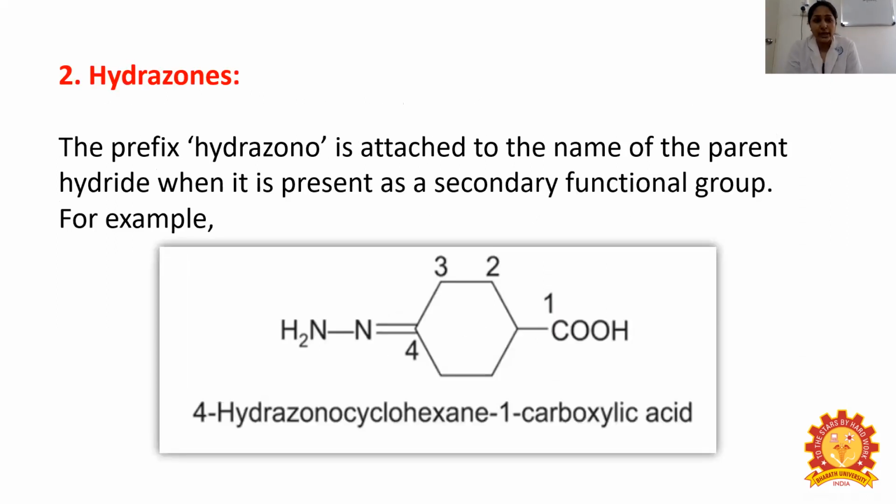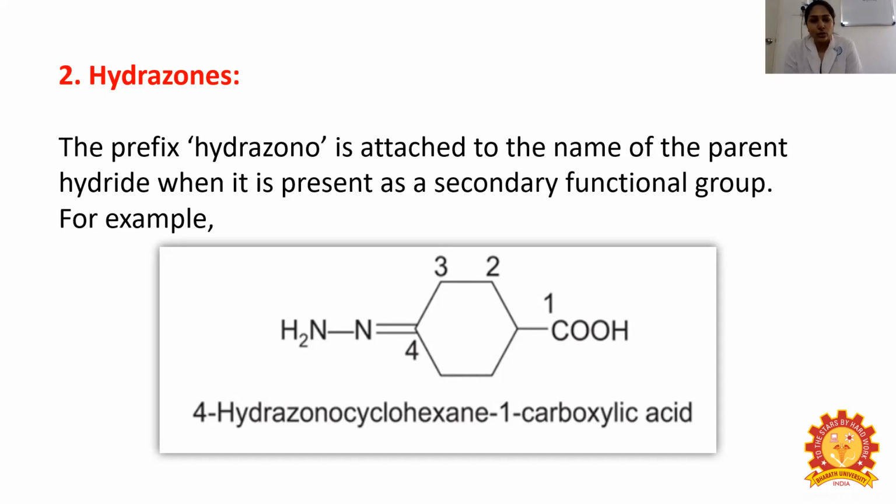Next is the hydrazones. The prefix hydrazono is attached to the name of the parent hydride when it is present as the secondary functional group. The prefix hydrazono is attached in the fourth position, and in first position carboxylic acid is there, and again the principal chain is cyclohexane. So 4-hydrazonocyclohexane-1-carboxylic acid.